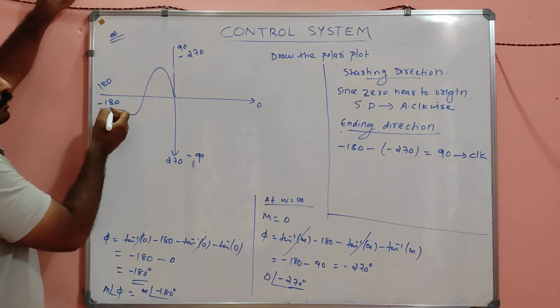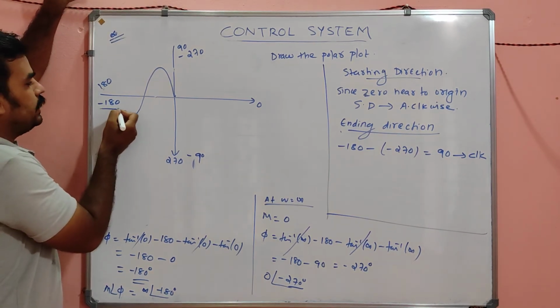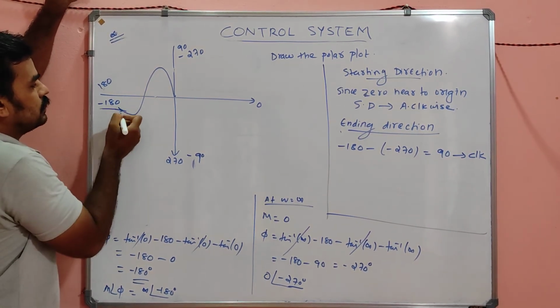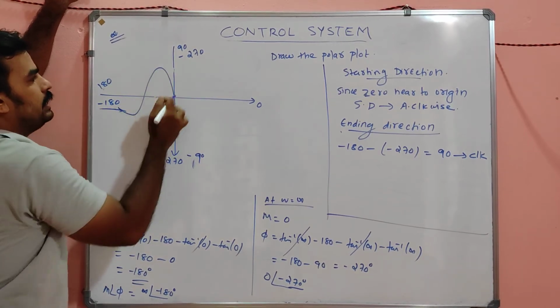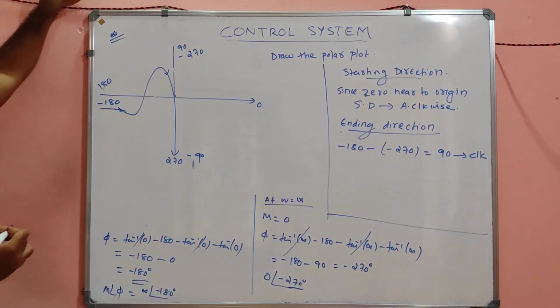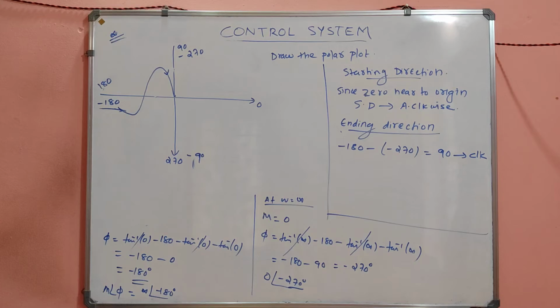So the starting direction will be anti-clockwise, and the ending direction will be clockwise. See, this will be the polar plot. Is it clear? Okay, my dear, that's all about the polar plot.